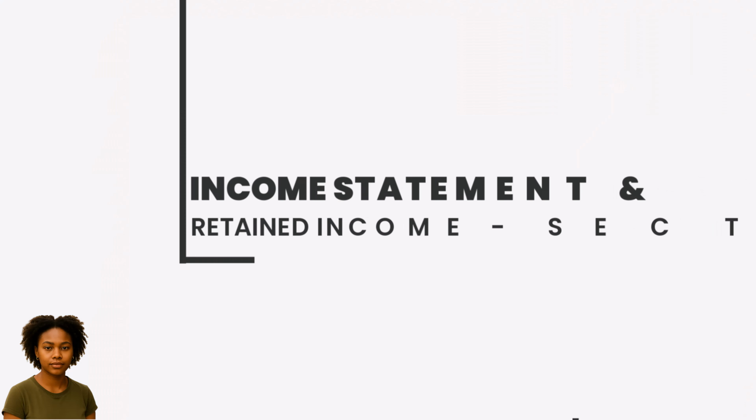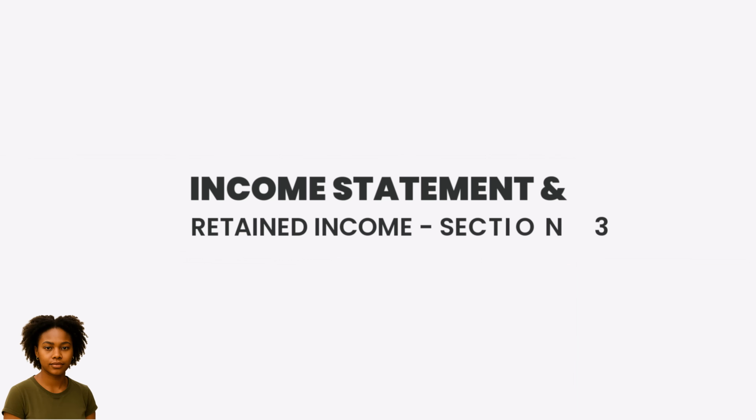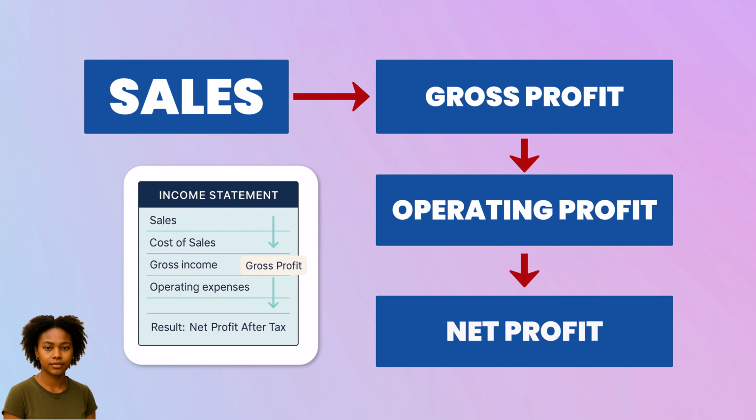Question 2 is the biggest, 50 marks, and focuses on the statement of comprehensive income and the retained income note. The layout never changes. Let's go line by line. Sales less cost of sales gives you gross profit. Add other income, subtract operating expenses, add or subtract interest and tax. Result, net profit after tax.